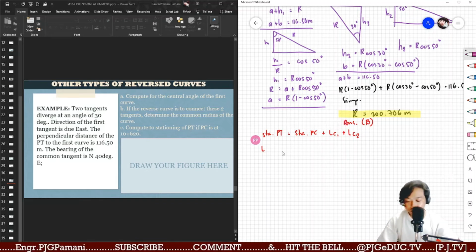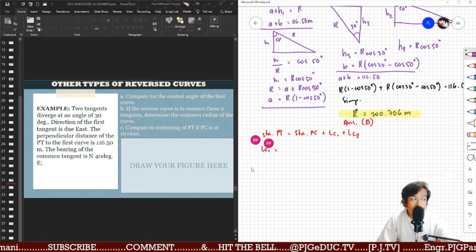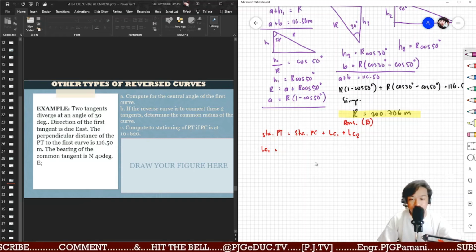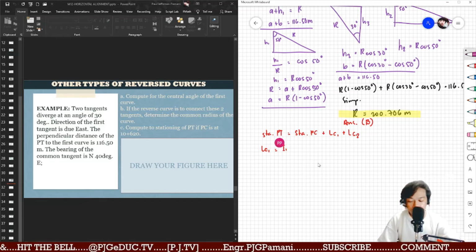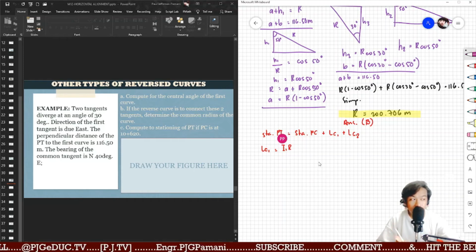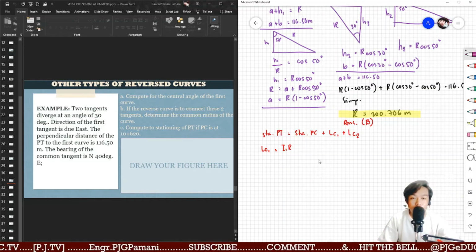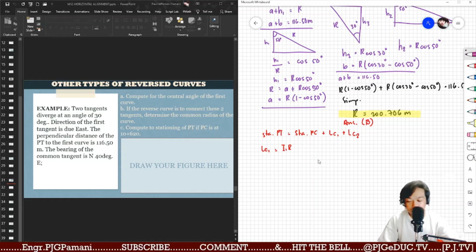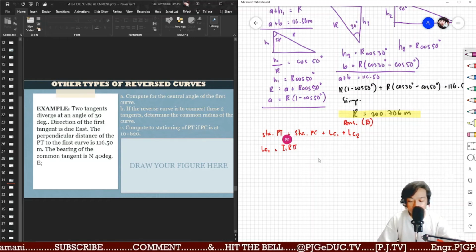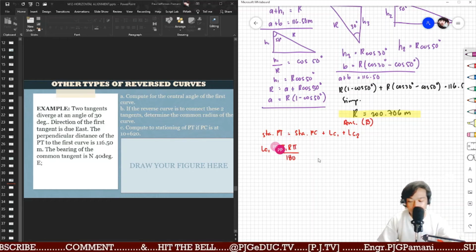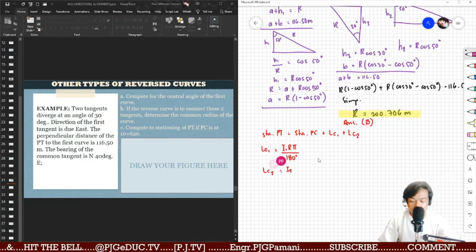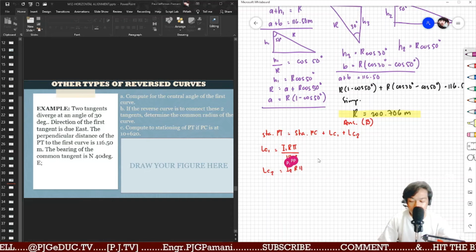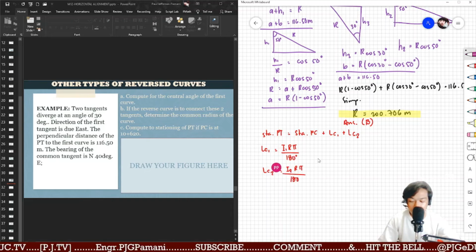So first, we need to solve the length of the arc of the first curve, which is equal now to the angle of intersection of the first curve times the radius of the first curve. But given that we have an equal radius or common radius, that is simply times R, pi over 180 degrees. Same goes with LC2, angle of intersection of the second curve, the radius, over 180 degrees.